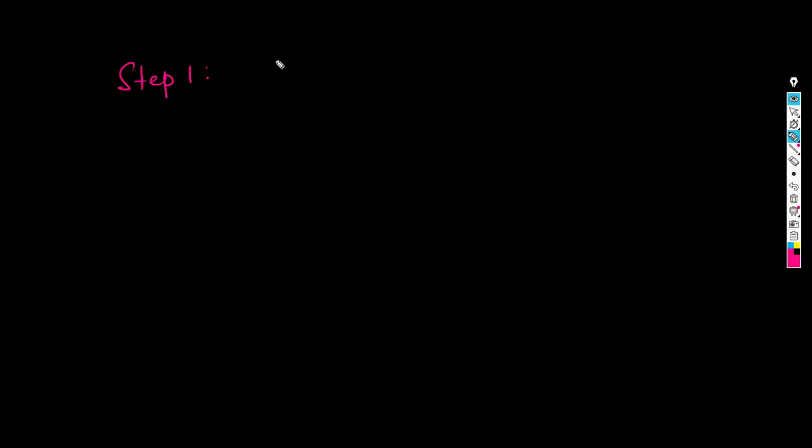Step one is the one we already saw, which is tokenization and embeddings. The input sentence is first broken into tokens. Each token is converted into a numerical embedding, which is a list of numbers.